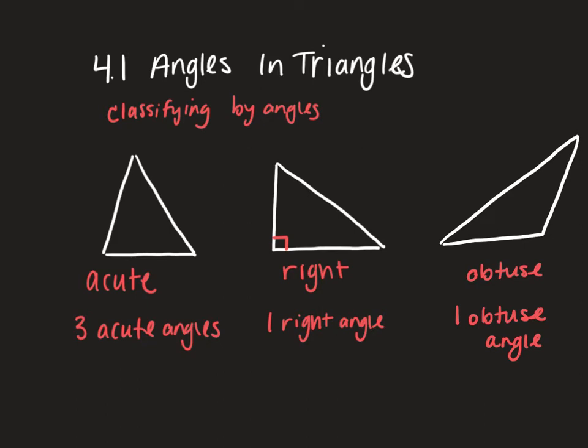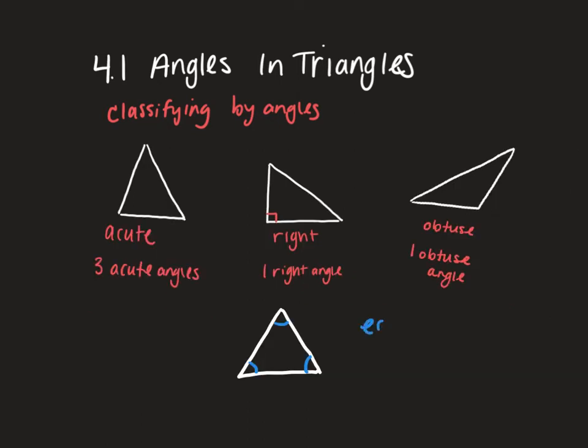Bigger than 90. Yes, it's larger than 90. So again, when we're classifying by angles, we can have acute, right, obtuse, equiangular.